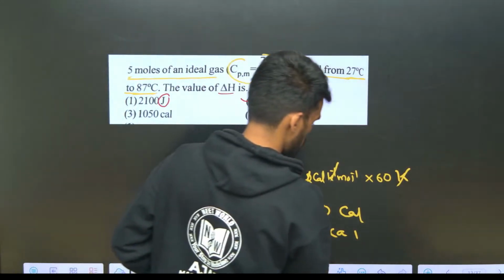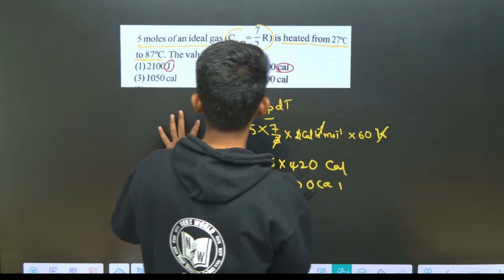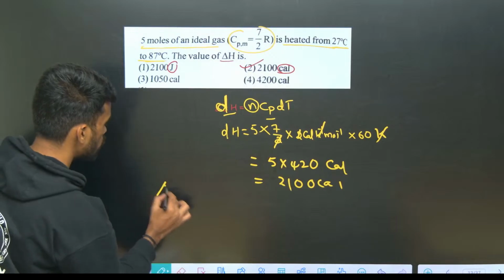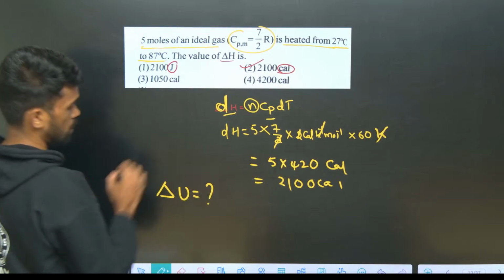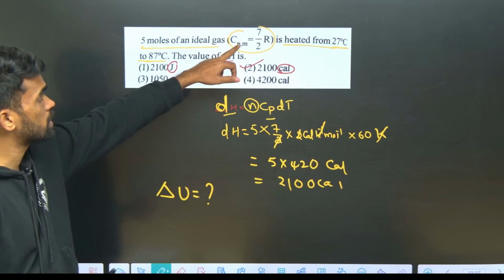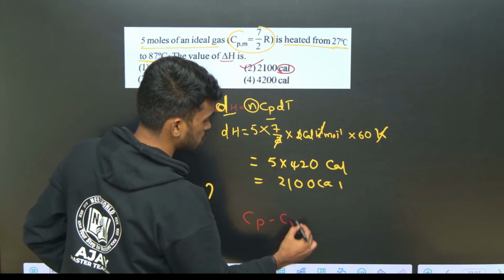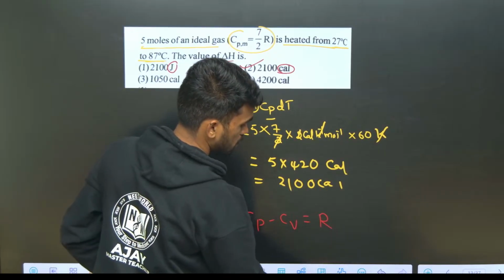Now the same question they can also ask for delta U. So how do you do this delta U for this gas? So simple, they given Cp. Now we have Cp minus Cv equals R for 1 mole.